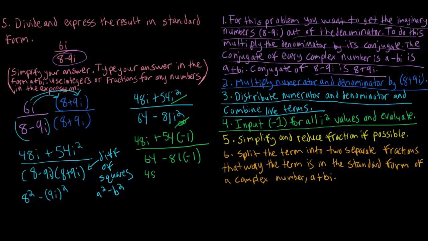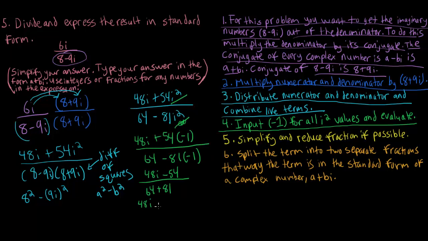We have 48i plus 54 times -1 is -54, and then you have 64 minus 81 times -1, which is positive 81.